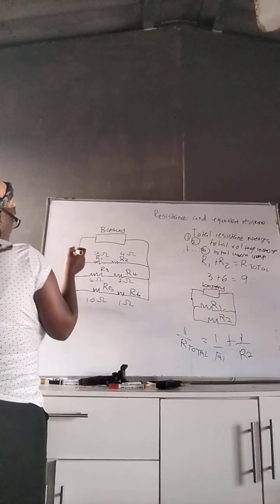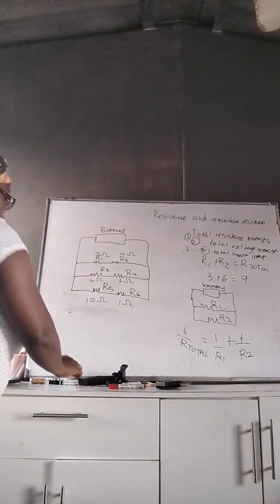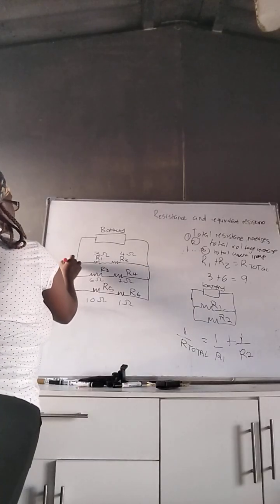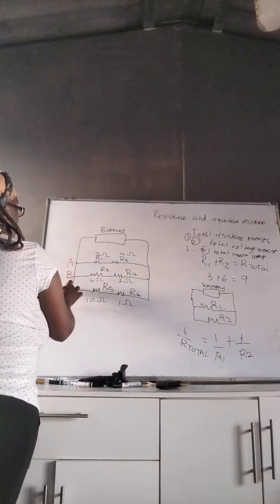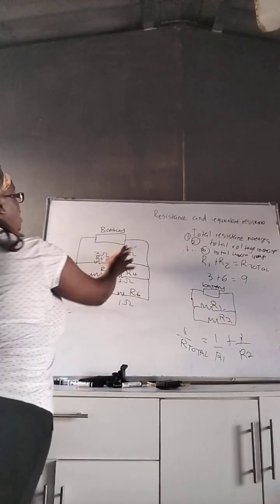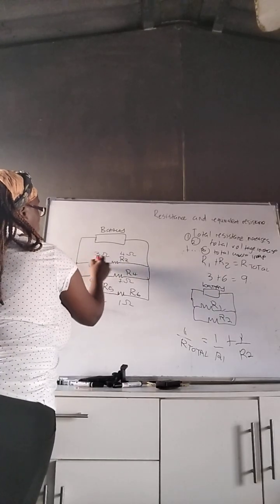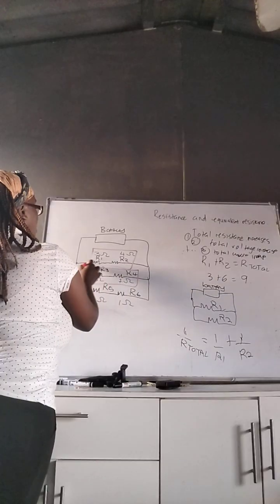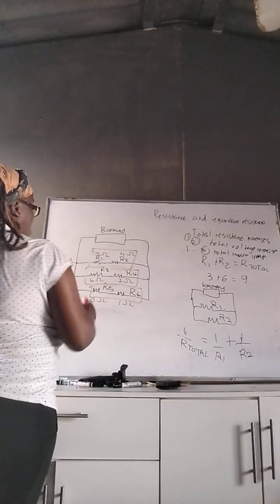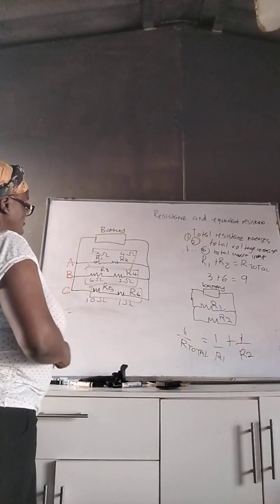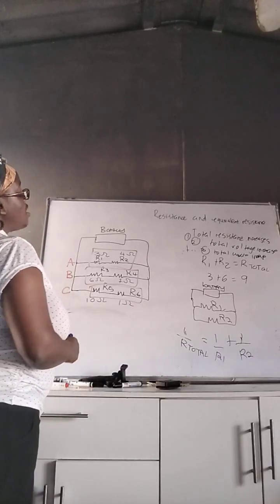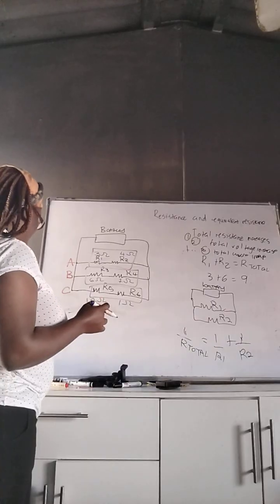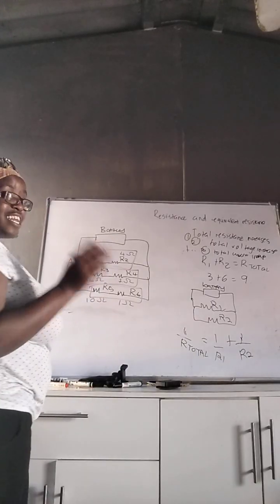The first thing that we can do is to identify and label. This is our A connection, our B, and our C. So you first calculate the total for this part, which is the A, for this part, which is the B, and for this part, which is our C. As you can identify here, the circuit is in series.